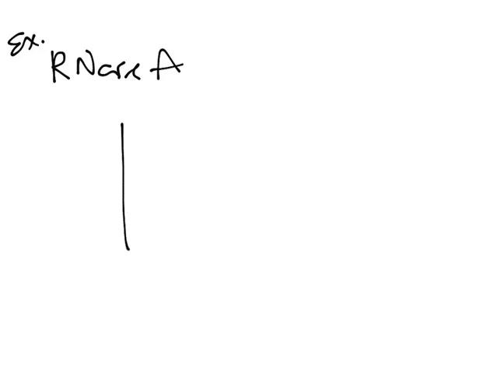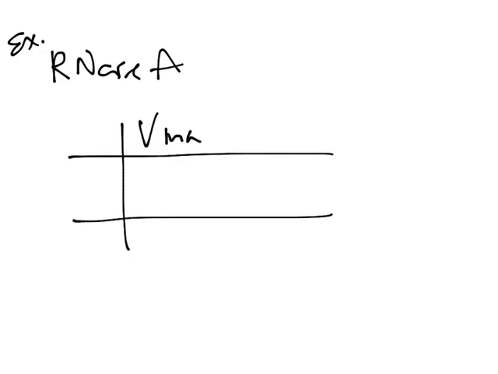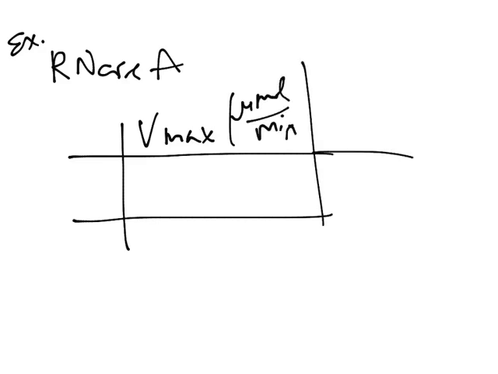So let's look at an example for that. Let's take RNase A as an example. I've got kinetic data for both the wild type, which is the natural form of the enzyme, and a mutant. I've got some Vmax data in units of micromoles per minute, and some Km data in units of millimolar, so concentration.